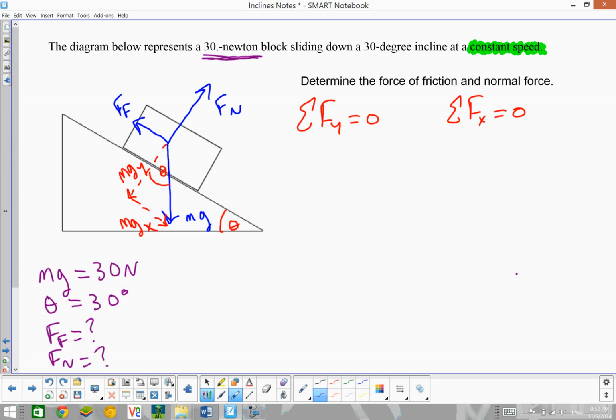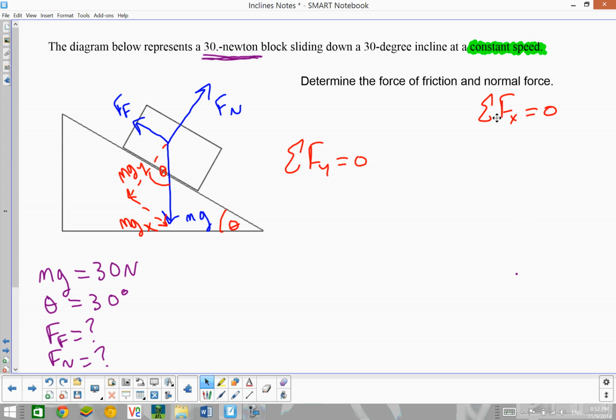Let's go ahead and look at the y dimension first. Because I know the y dimension, the net force has to be 0, I know that I have to identify all the forces in the y dimension. Now remember, the y dimension is the one that's perpendicular to my plane. Here I see a normal force, and I see the y component of gravity.